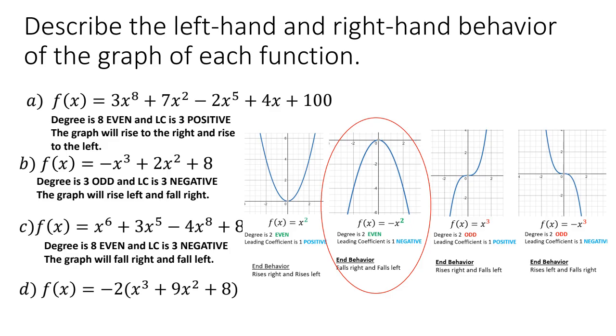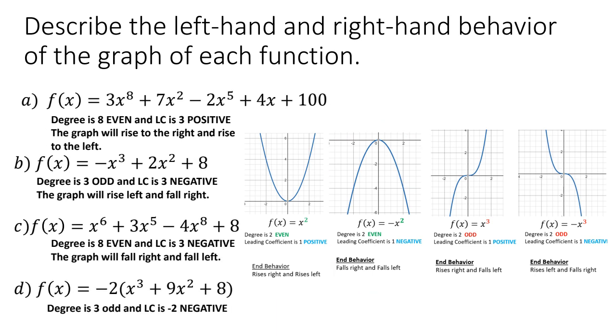It's not a positive, even though it's a positive 1 right now, but I had a negative 2 factored out on this. So again, on this one, I have an odd function, but my leading coefficient is still a negative number. So since it's an odd function with a negative number, the end behavior is going to rise on the left and fall on the right.